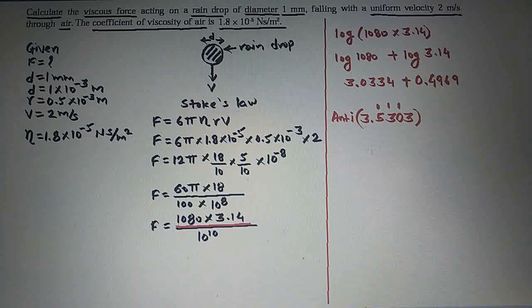We will always find out the antilog of this fractional part. So the antilog of this fractional part, 0.5303, is 3390.